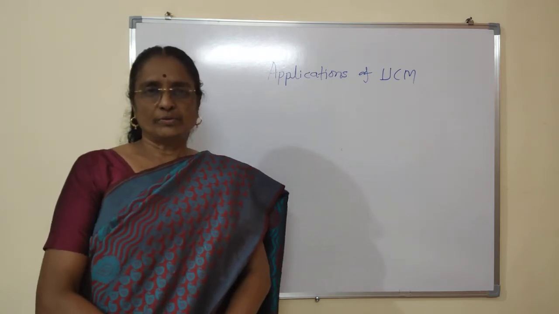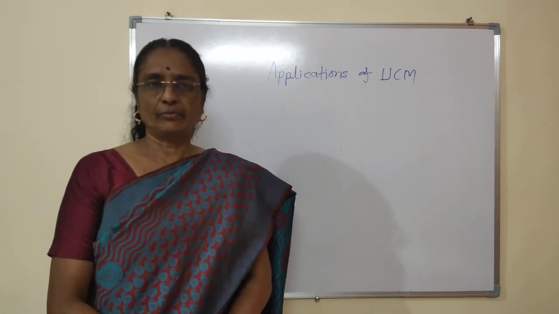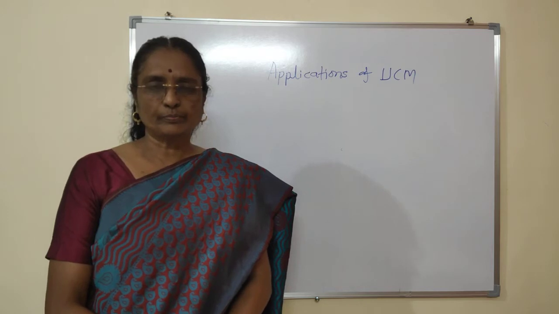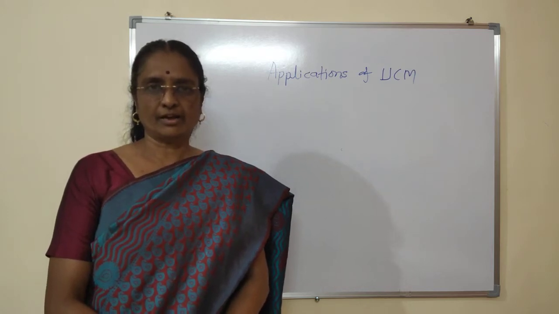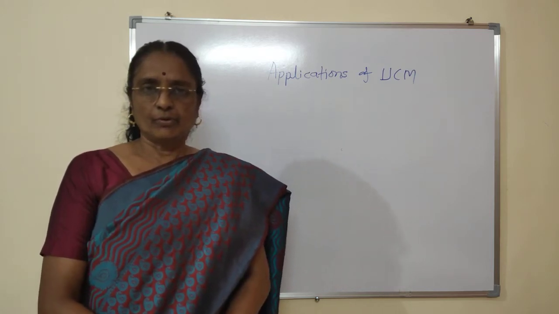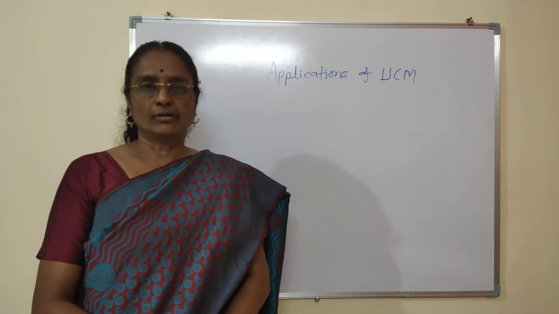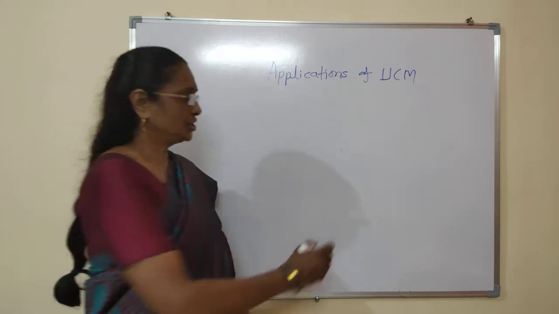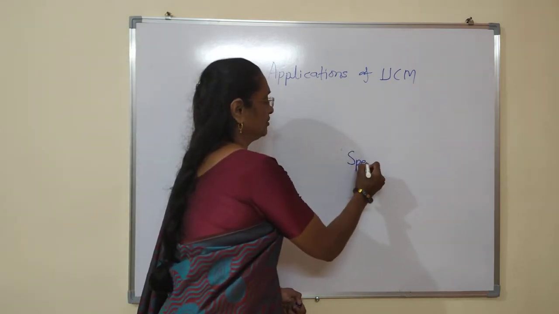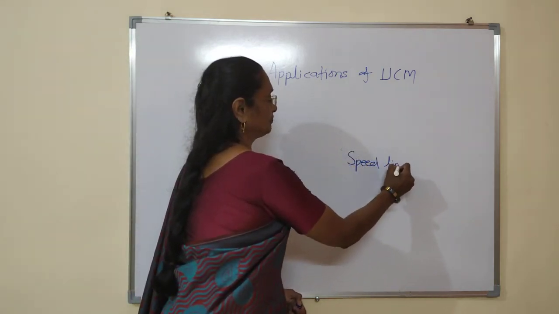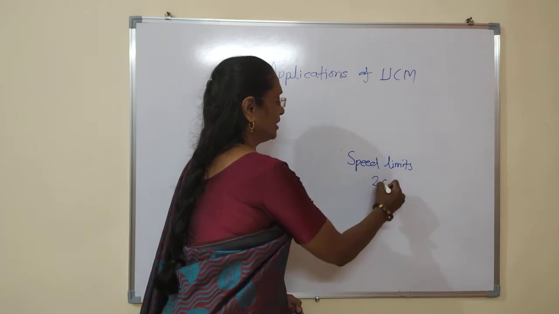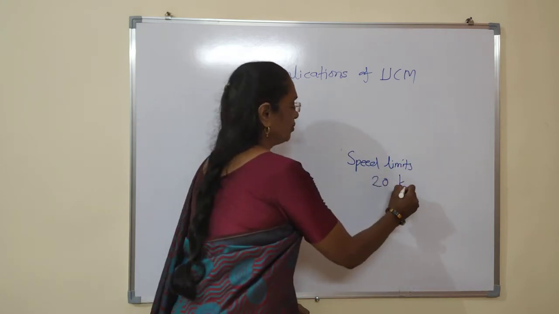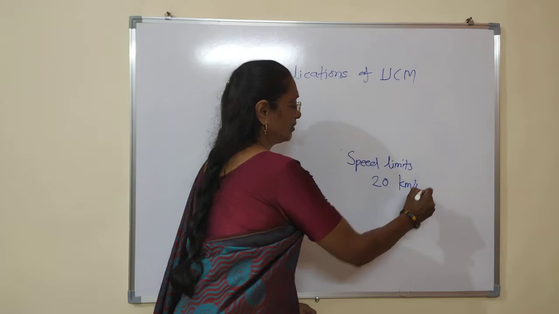It is a common observation that when we travel along a curved road, especially in ghats, before starting the turn we see display boards on which it is written: speed limit 20 km per hour.